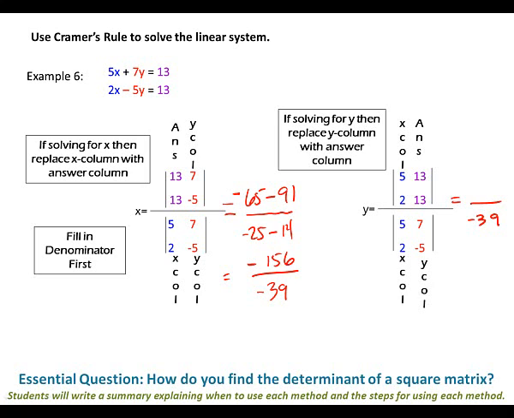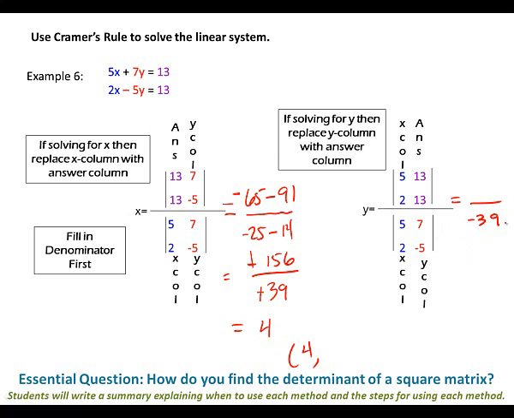Okay. What's going to happen with this double negative? It cancels, it becomes positive. All right, does 39 happen to divide 156 nicely? Check it out, you have calculators. Yeah, 4. It goes in there 4 times. So my x value is 4. I could write that part of my coordinate.